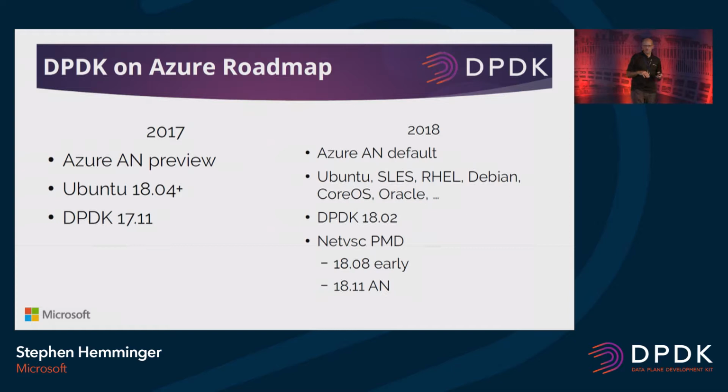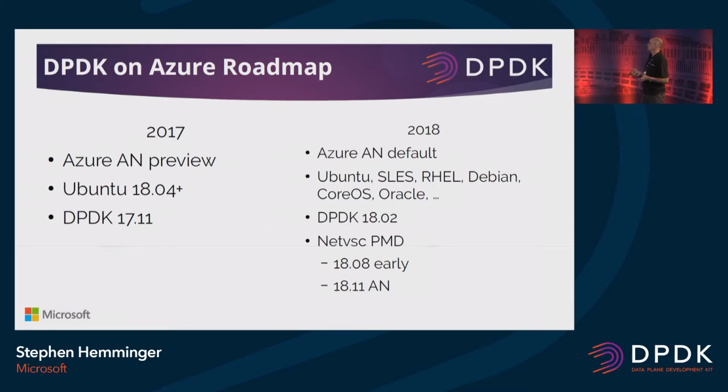The roadmap for this: last year I was here, and this is pretty much what I said would happen. We had a preview version. We had one version of Ubuntu that had it, and you could make it work with 17.11. So in preview 2018, it's on by default. AN means accelerated networking, basically VF support.